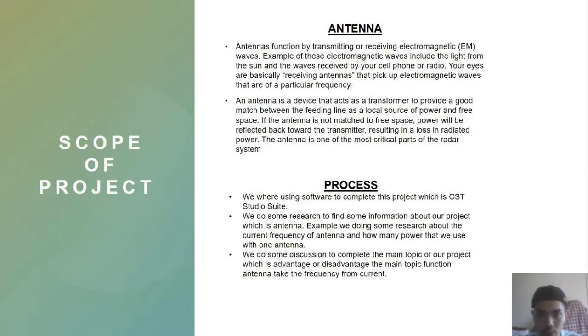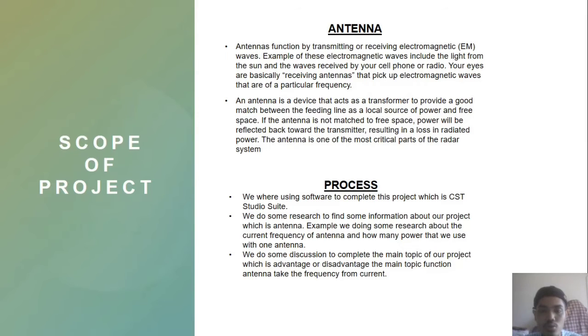An antenna is a device that acts as a transformer to provide a good match between the feeding line as a local source power and free space. If the antenna is not matched to free space, power will be reflected back towards the transmitter, resulting in loss in radiated power.